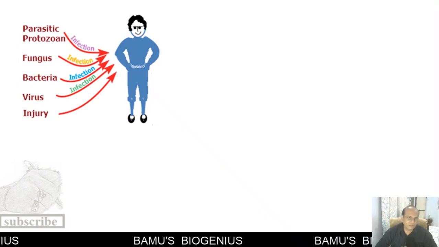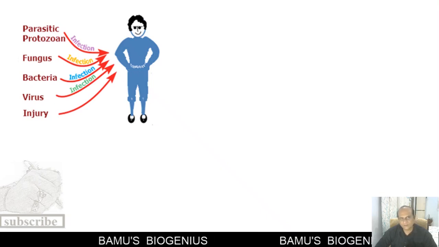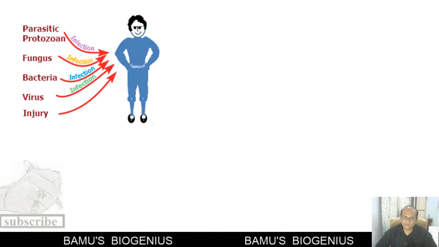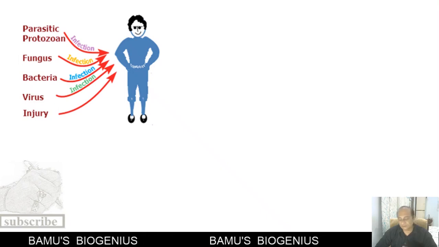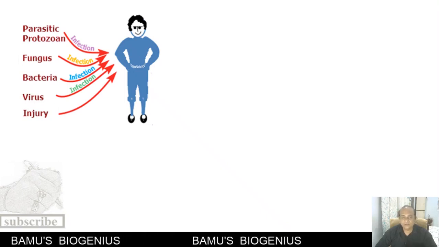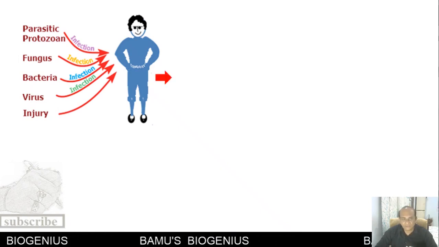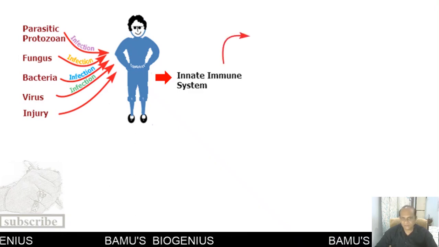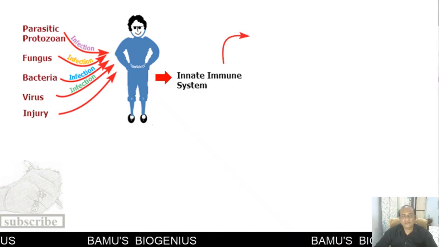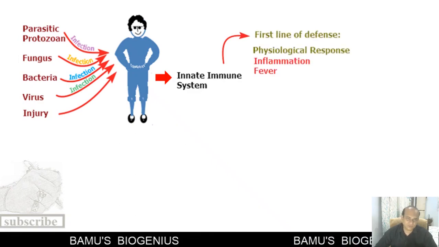Now let us see how this innate immune system works. Whenever a person gets an infection, whether due to a parasitic protozoan, fungal, bacterial, or viral agent, or if that person gets injured, the first line of defense, the innate immune system, comes into play, and it shows a physiological response.